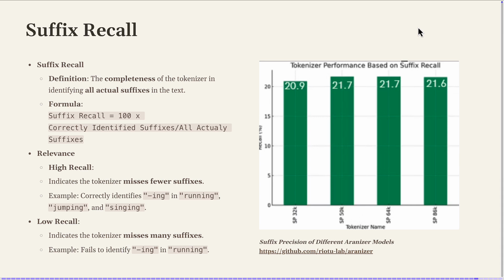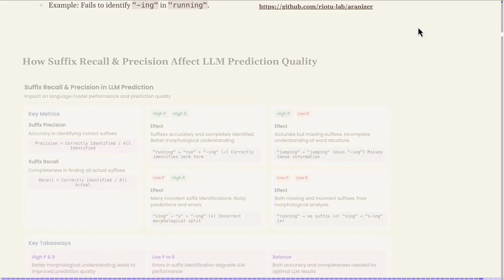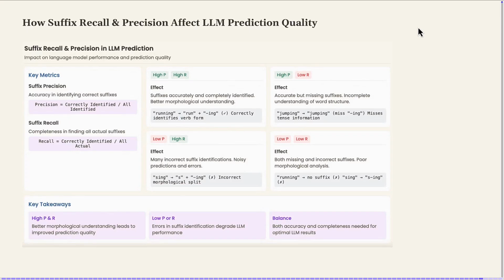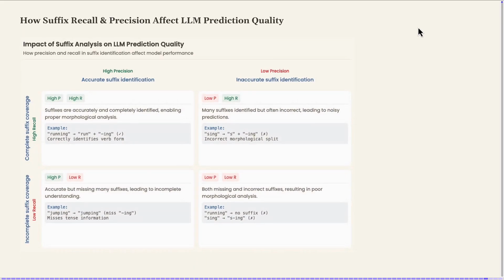Recall here is somewhat lower: it was able to recall only 21% of the suffixes among the total actual suffixes available. And this is just a summarization of the different performance metrics in one slide.